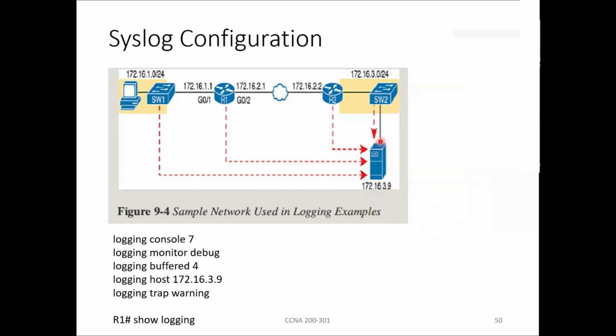So that's our Syslog server, and it will collect the log messages. Configuration-wise: logging console 7, logging monitor debug, logging buffered, logging host, logging trap warning. So all different kinds of logs we'll be able to see from the Syslog. You need to configure these in the router or switch. After that, they'll send the log messages to the Syslog server.